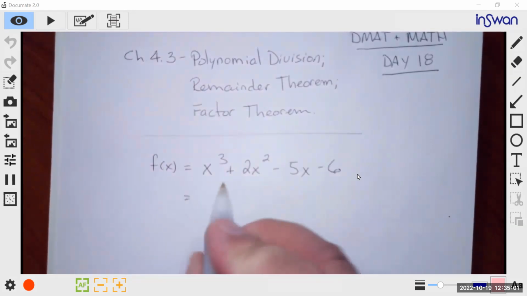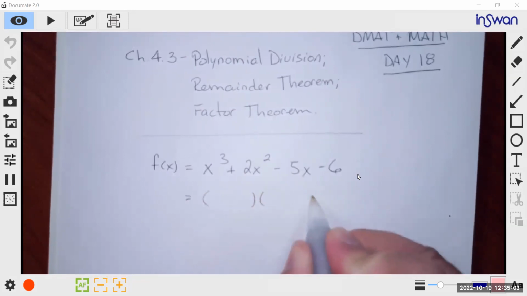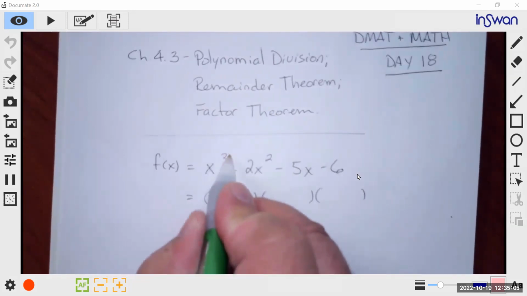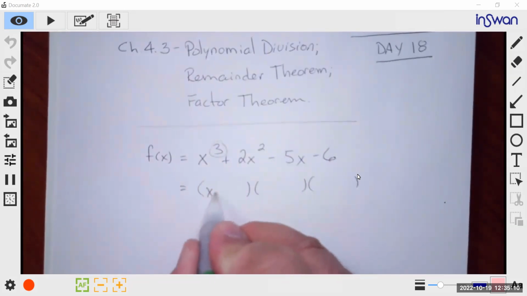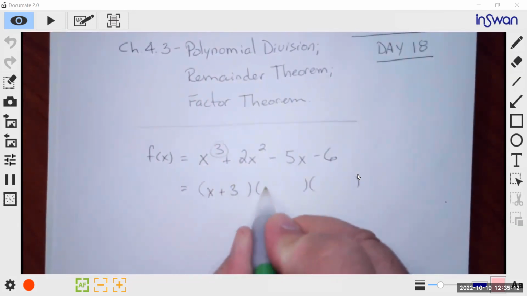We're going to get to a point where, since the degree is 3, we know we have to have 3 intercepts. We're going to figure out these answers.